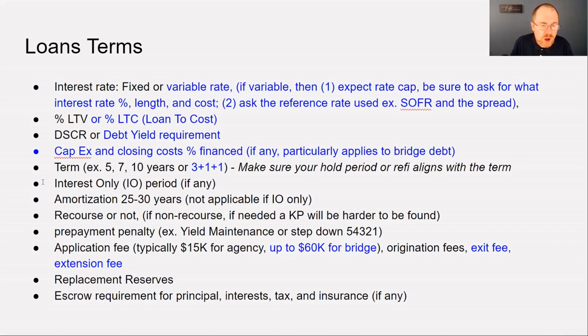Next, you want to know how long the period of interest only is. That will help you take care of some renovations and maybe higher vacancy, things of that nature. Then the amortization: obviously, if you have interest only, it doesn't apply, but otherwise the amortization is 25, 30 years, 35 for HUD loans.